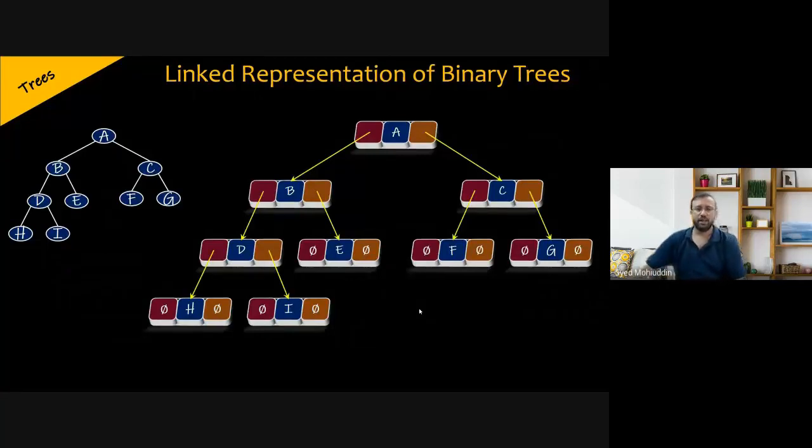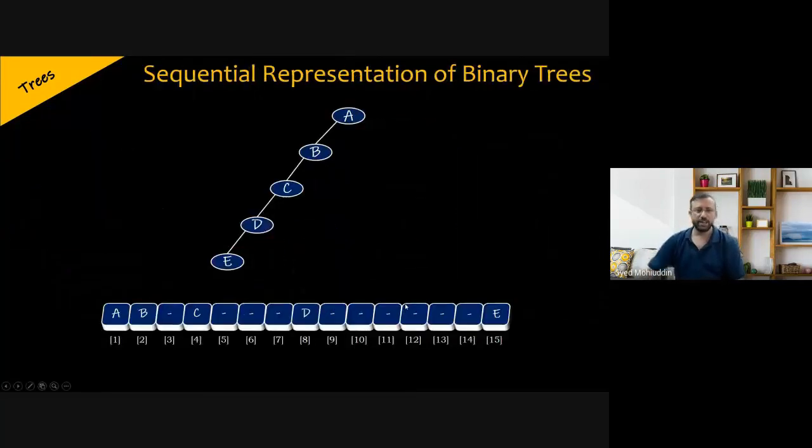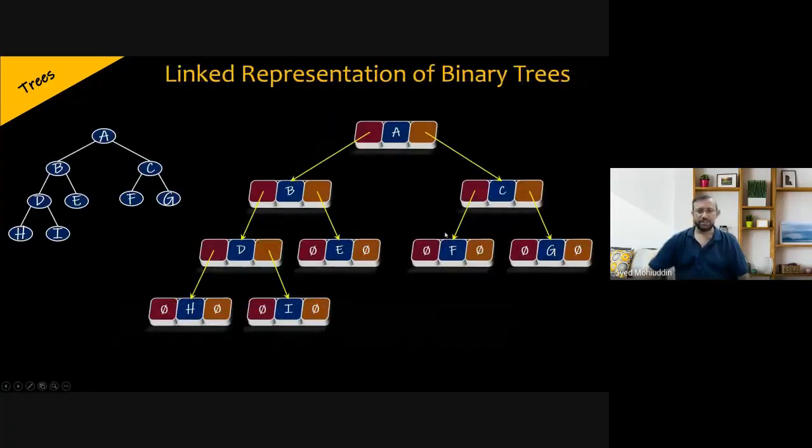Now in the array representation, we have sequential memory allocation, and each node is numbered from top to bottom and at each level from left to right, starting from the root. So the index represents the numbering of the nodes. But in linked representation, that is not the case. It is not sequential memory that is allocated.